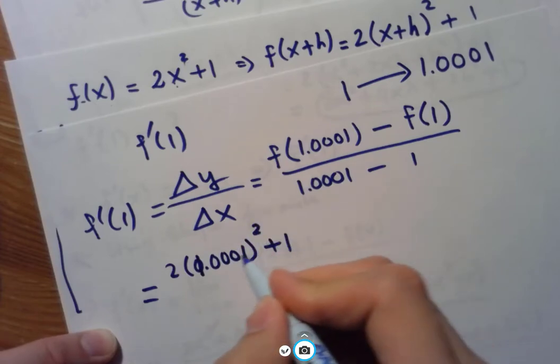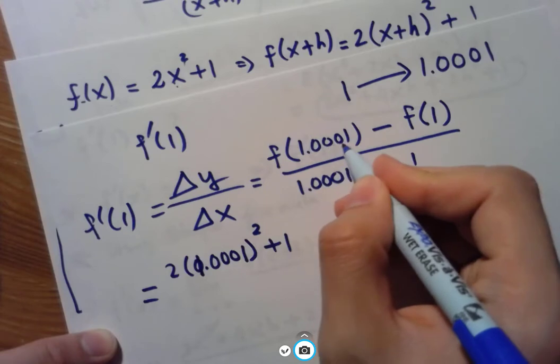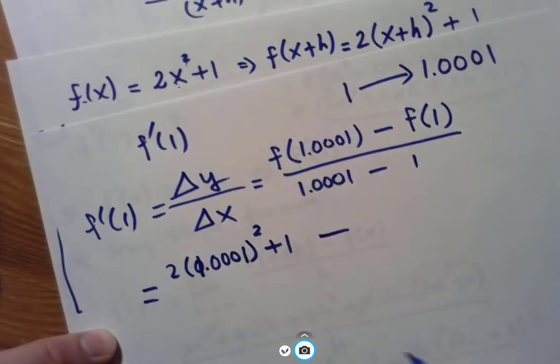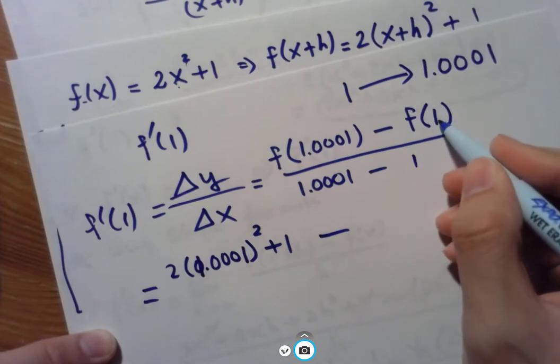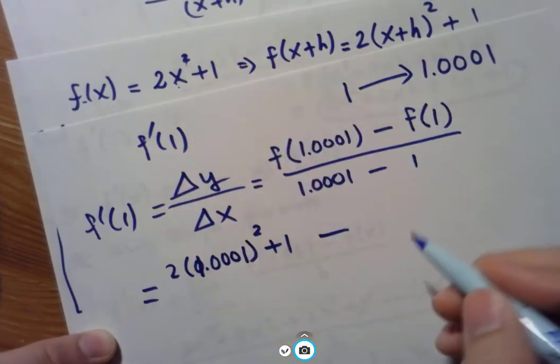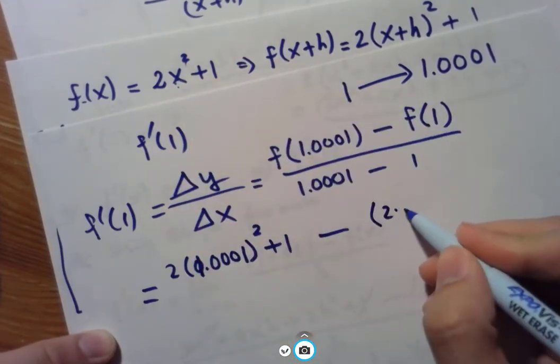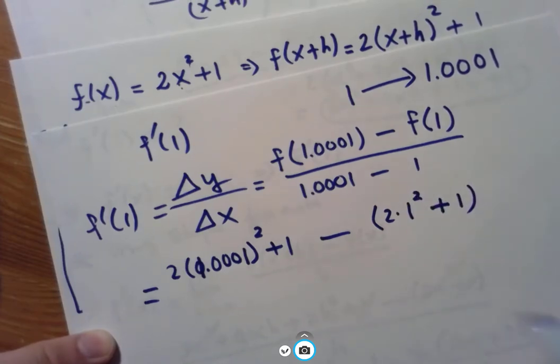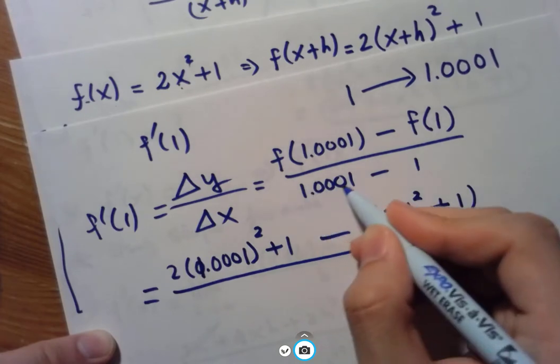I've just plugged in the value of 1.0001 to the place of x here. And then subtract f of 1, so I plug in 1 to the x. So that is 2 times 1 squared plus 1, and then over 1.0001 minus 1.